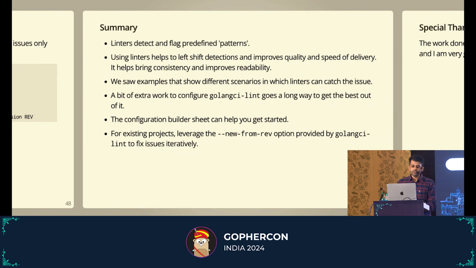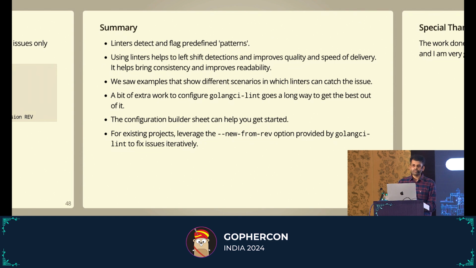So in summary, linters detect and flag predefined patterns. These patterns can point to potential bugs or code style issues. Using linters helps to left shift detections and improves the quality and speed of delivery. It helps to bring consistency, improves readability and maintainability. It can also act as guardrails.